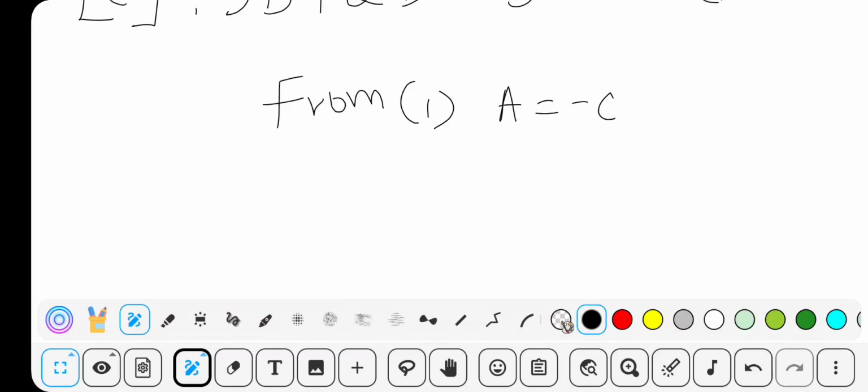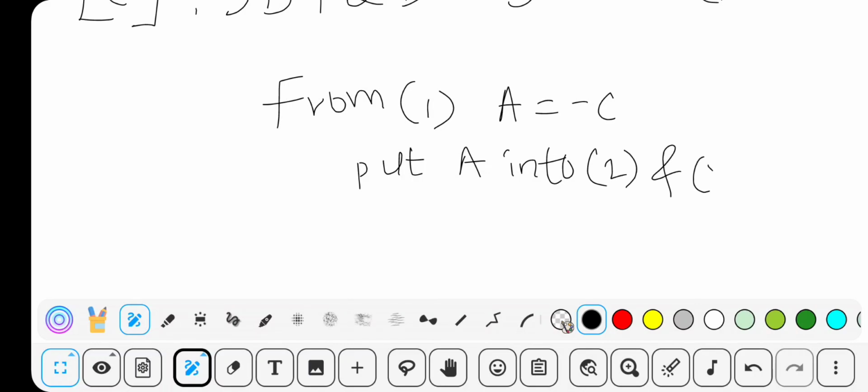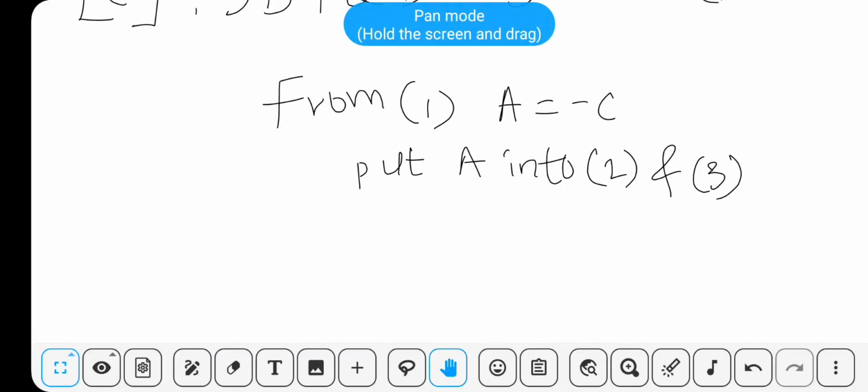So a is equal to minus c. And put a into equations 2 and 3. In place of a, put minus c. That's just what it means.